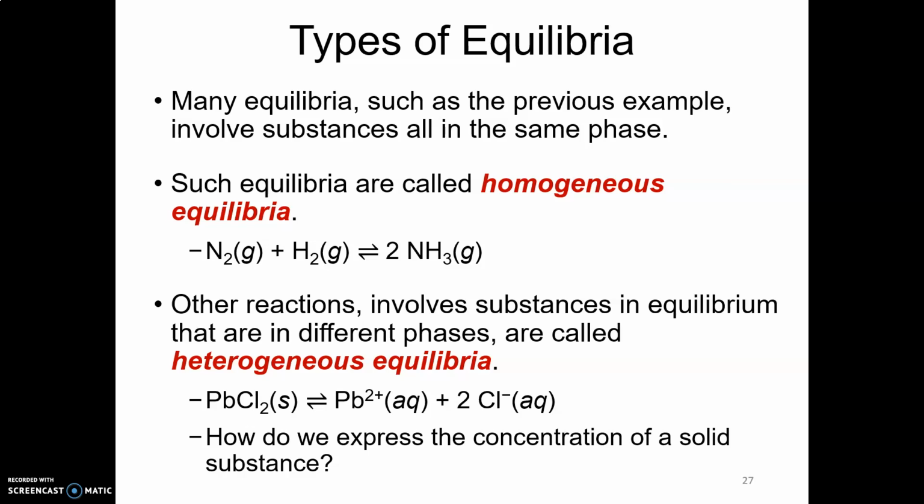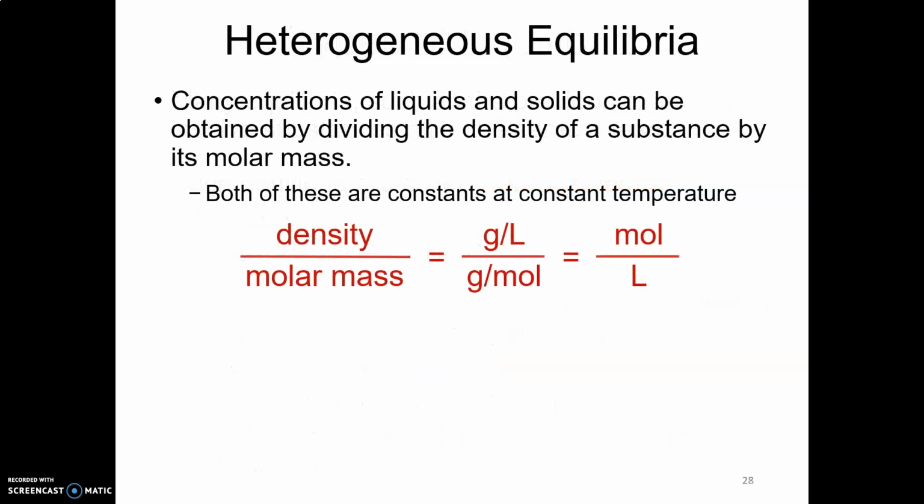Well, think about it. How would we express the concentration of a solid substance? We don't think of solids as being concentrations, right? We think of solids as being an amount. You would just put it on a balance and weigh it. Just like liquids, we only think of liquids as being volumes. You'd put it in a graduated cylinder and measure it. Now, if you're willing to manipulate the math enough, you could make liquids and solids look like concentrations, but in reality, liquids are volumes and solids are mass, and neither one of those on their own is a concentration.